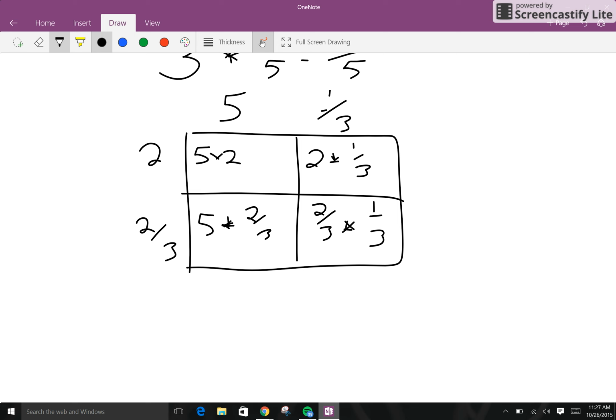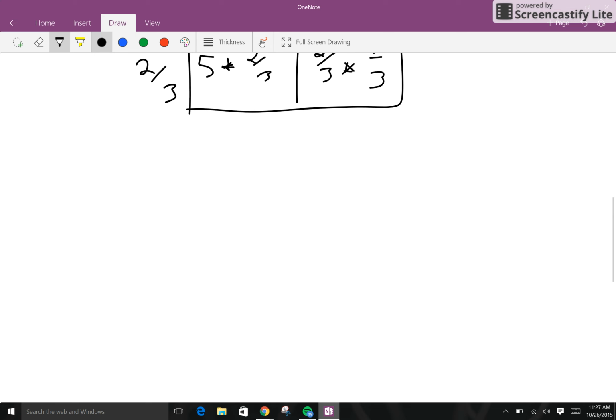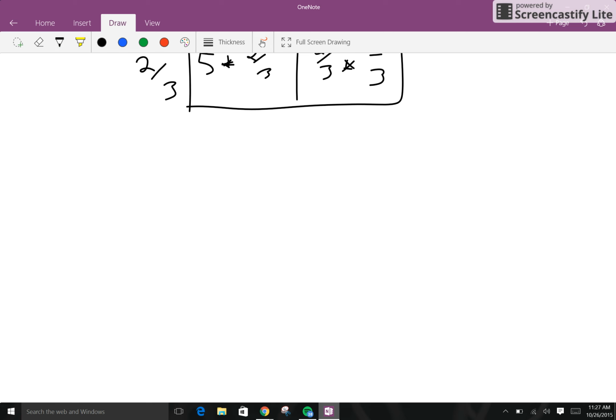Or you could also do mixed numbers. You could take 5 and 1/3 and change it into an improper fraction: 5 times 3 is 15, plus 1 is 16 thirds.